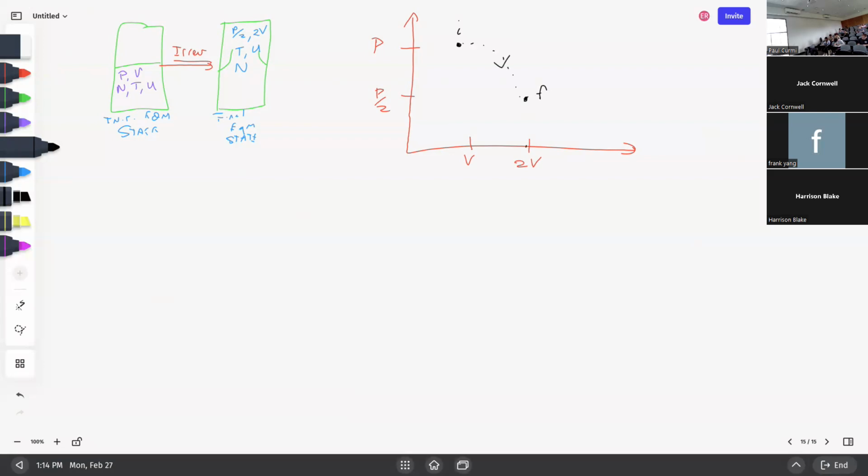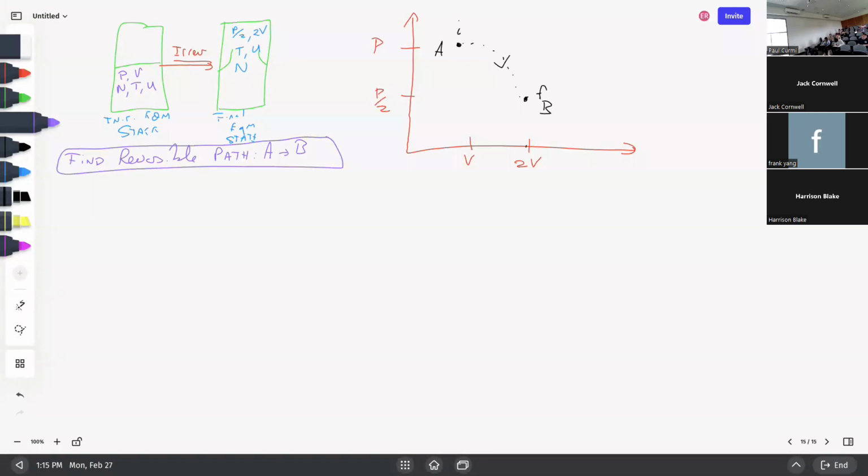Okay. So now I need a reversible way to get from A to B. So I need to find the reversible path from A to B. And this will let me calculate things.